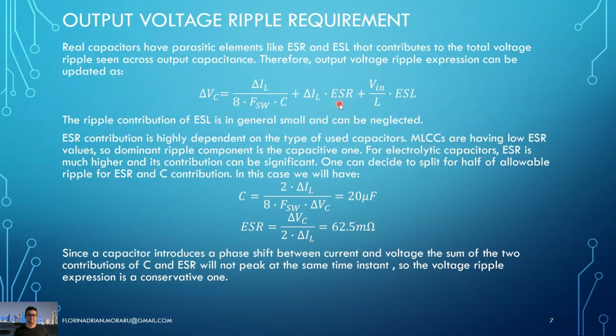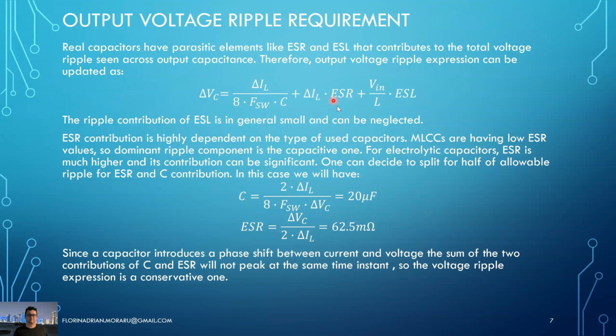If we use ceramic capacitors, those normally have low ESR values, so the capacitance contribution to the total ripple will be significant. On the contrary, if we use electrolytic capacitors, those have higher ESR values, and this part can be dominant, or at least the two parts can be of comparable order of magnitude.